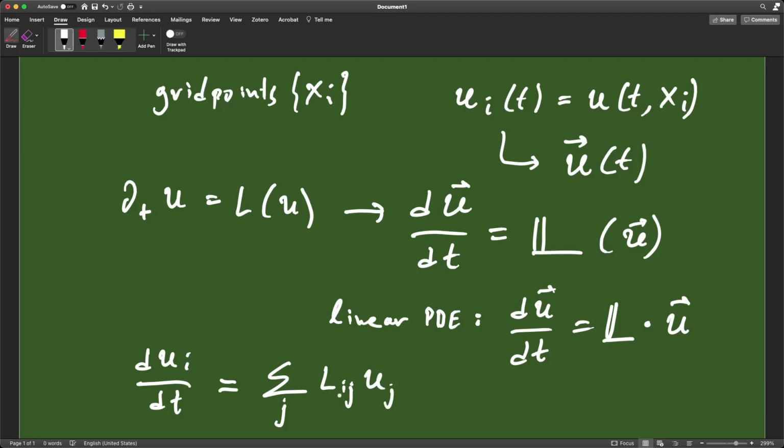So clearly, for this sum over j of L_ij u_j, we have a summation over adjacent indices, which means a dot product. So this is the dot product of the matrix L onto the vector u.